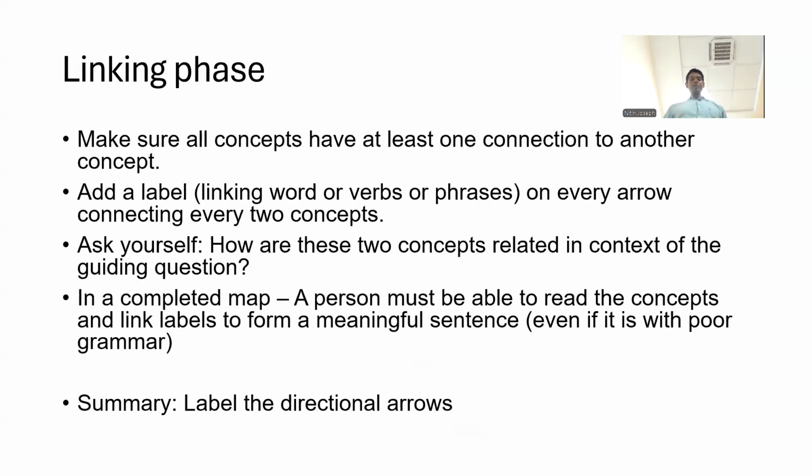In the linking phase, we also start labeling these links, and ensure that each concept has at least one connection with another concept. And at this stage, the drawing and the writing, which includes the labeling of the concept map, is completed.